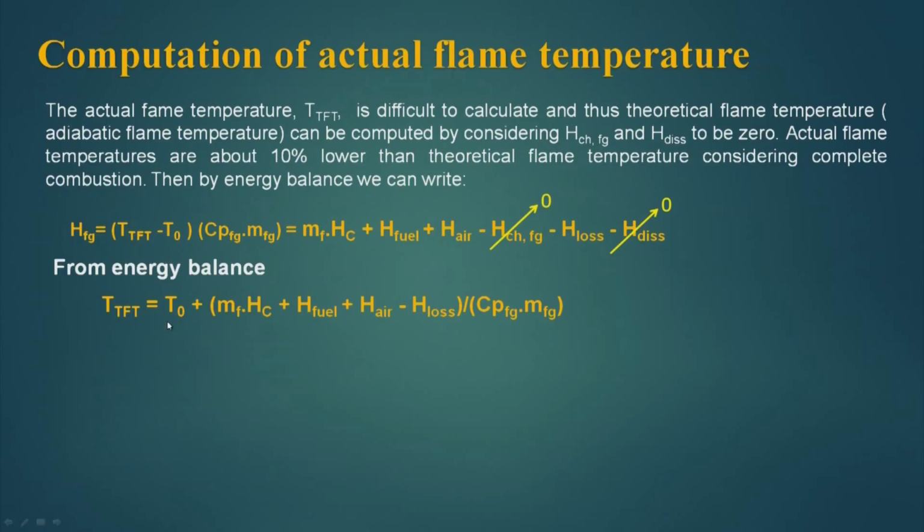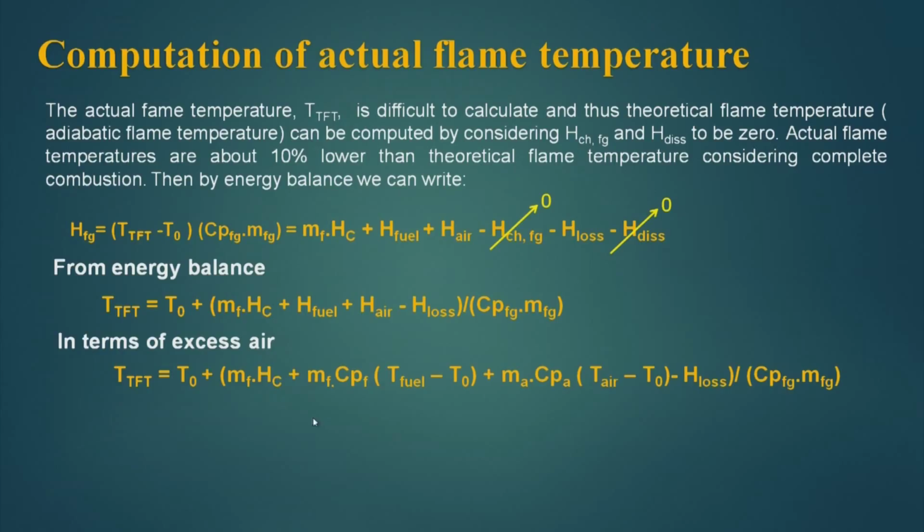So, TFT is equal to T0 plus this. TFT minus T0 equals this, divided by this. So, in terms of excess air, this is the temperature. Here I am reproducing again MA in terms of MF and MFG in terms of MF.